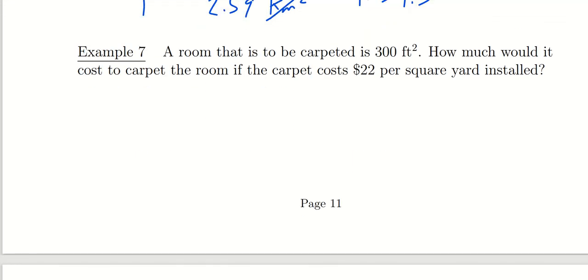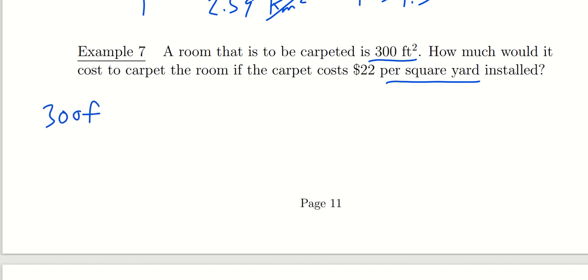Let's take a look at example 7. They say that a room is to be carpeted with 300 square feet. How much would it cost to carpet the room if the carpet costs $22 per square yard installed? So the total cost is going to be the amount times the unit price. So it's going to be $22 times the number of square yards we have. Well, we don't know the number of square yards. We know the number of square feet, but we can convert that.